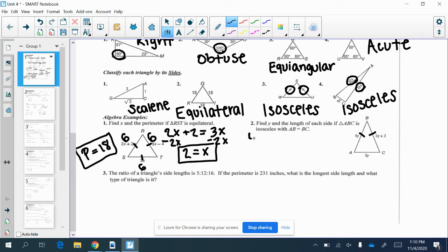So 4y should be equal to 3y plus 2. So y is 2. And the length of each side, 4 times 2 is 8. That means this side has to be 8. 3 times 2 is 6.